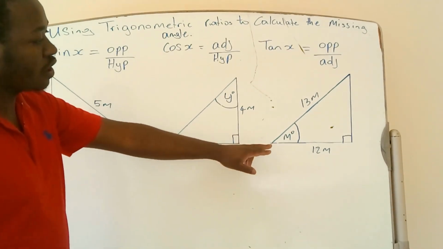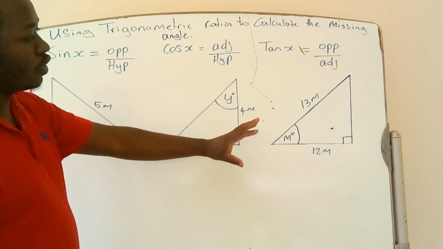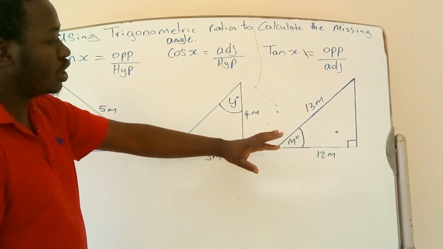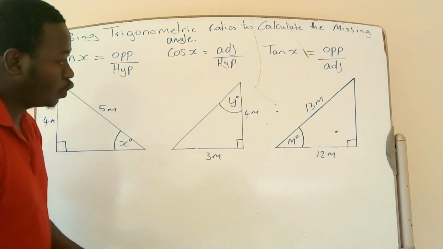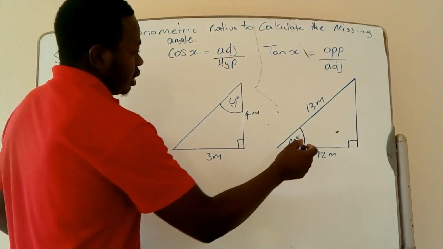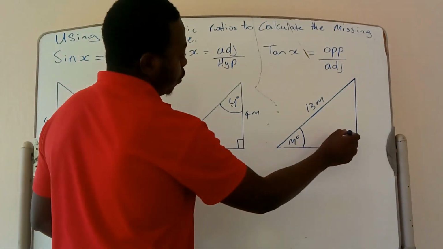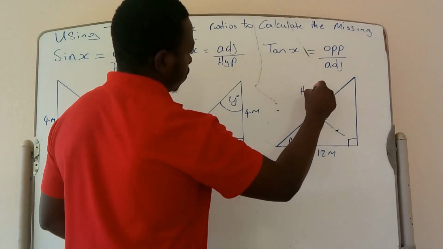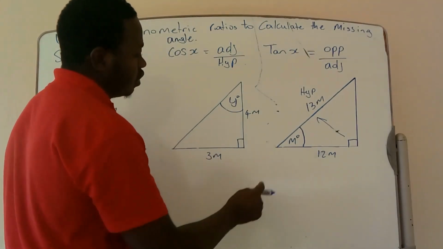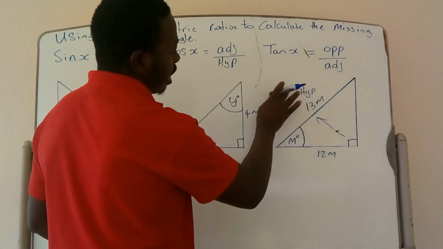Now here, this is a right angle triangle. So the first thing you need to do is to label the triangle based on the information you have been given. This is the 90 degree, and opposite from the 90 degree is the hypotenuse. So this length, which is 13, is the hypotenuse.